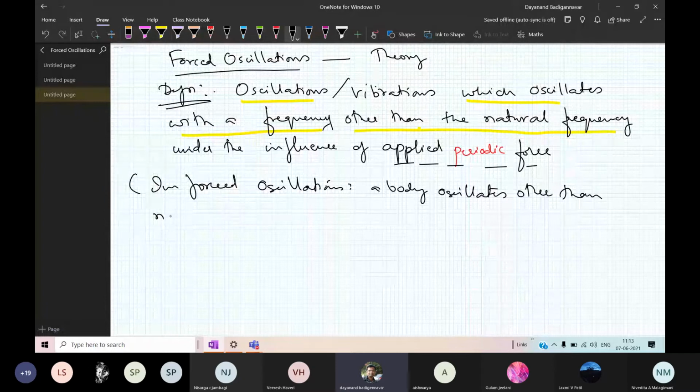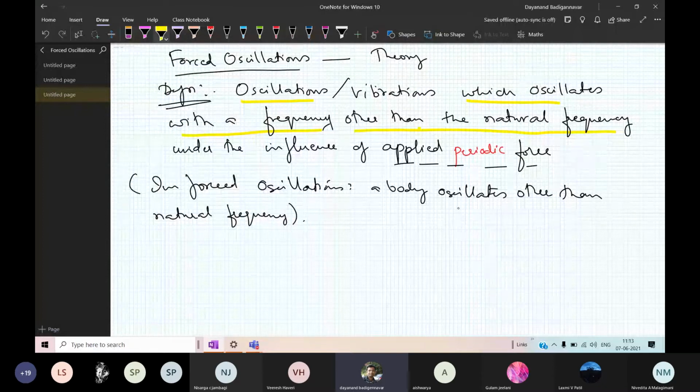This you have to remember. It is not vibrating with its own frequency, it is oscillating with another frequency, not the same as the natural frequency.